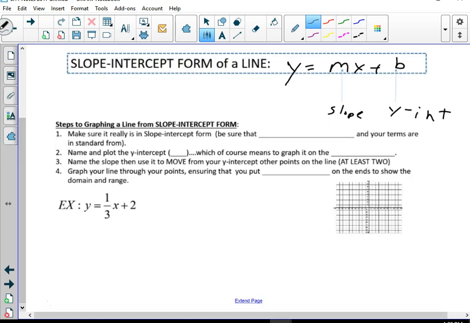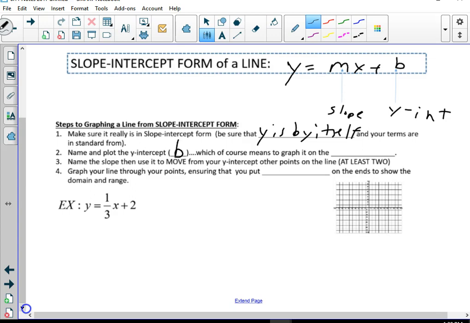Okay, so steps to graphing a line from slope-intercept form. You want to always make sure that the y is by itself. You may not always be given the y by itself. You've already modeled this before. You always want to get it by itself if it's not. If it's already y equals, you're good to go. You're halfway home. You just got to identify your m and b.